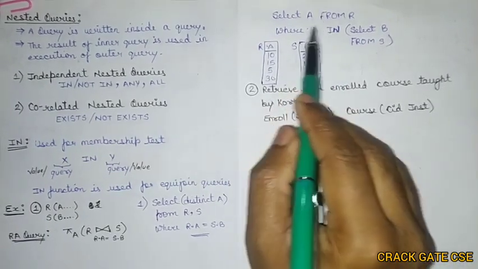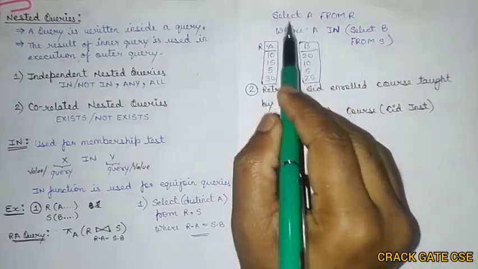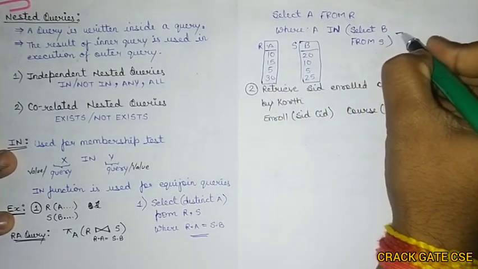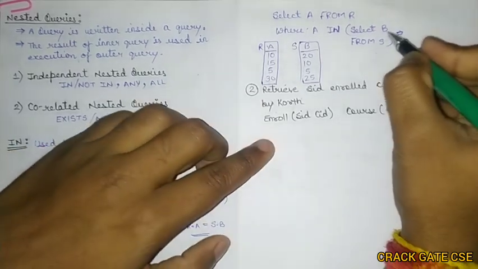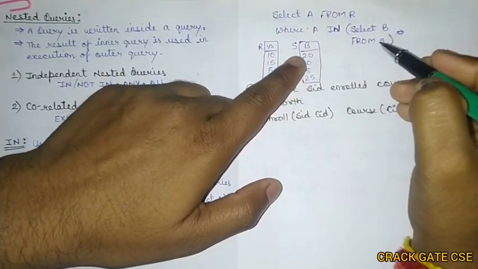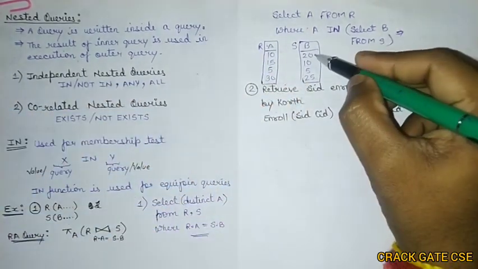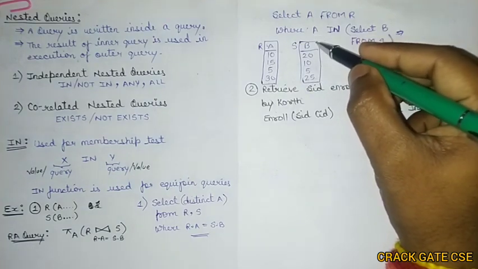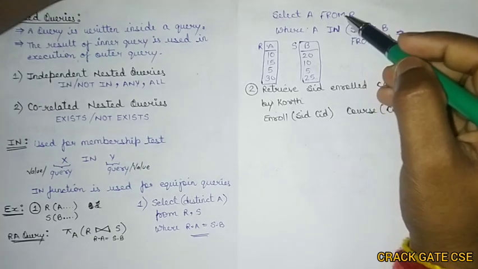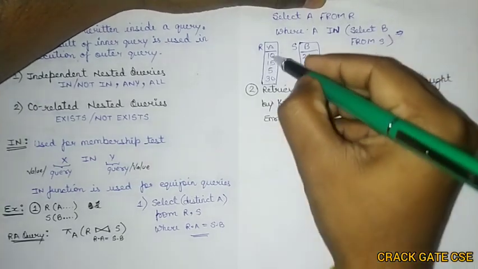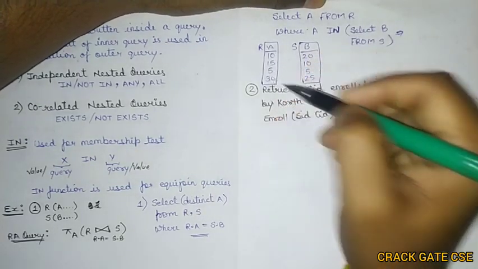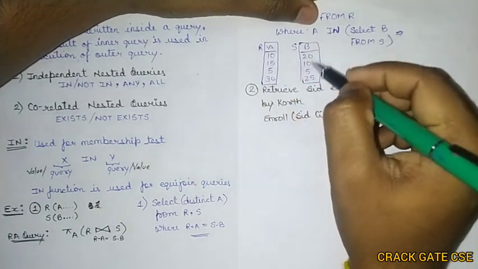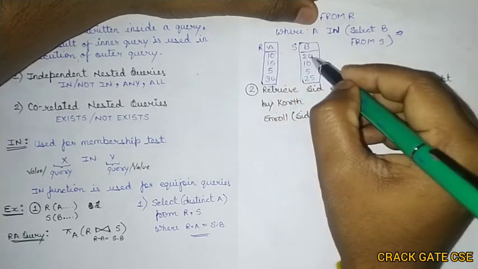Now what if we perform this particular query on this database? First of all we need to execute the inner query, select B from S. So these are the B values from S. Now I have to select A from R, so I selected these 10, 15, 5, 30 from A. Now I have to check whether these A values are in B. 10 is in B?